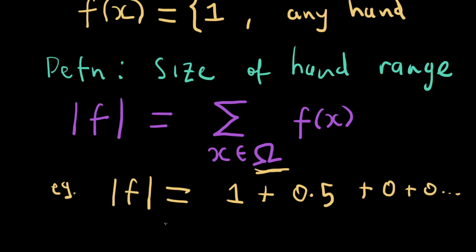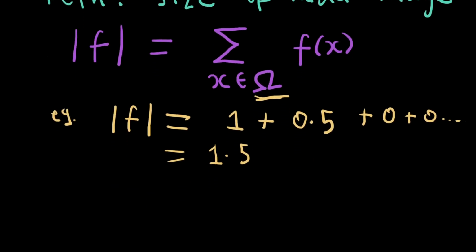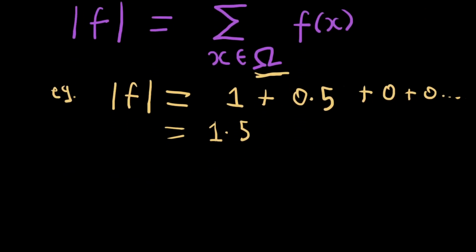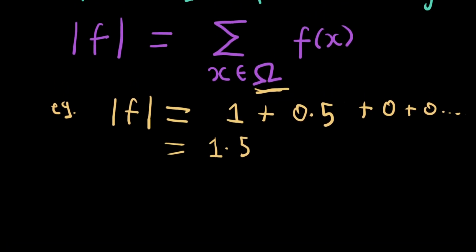And that's just equal to 1.5. So there are 1.5 combos in that particular hand range. That is the size of that hand range.